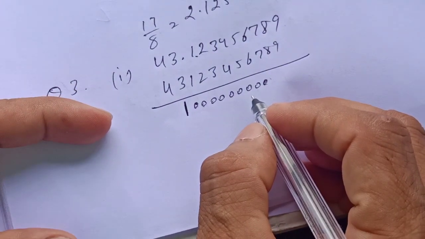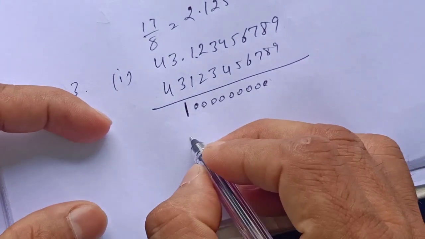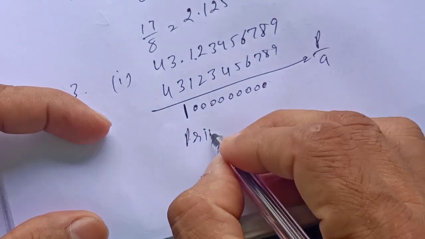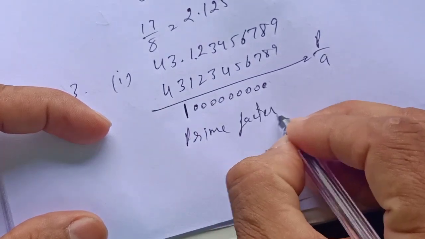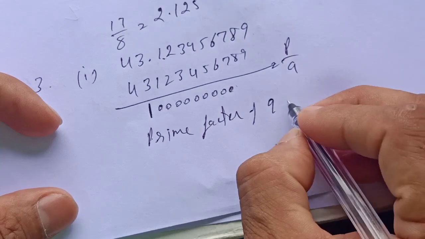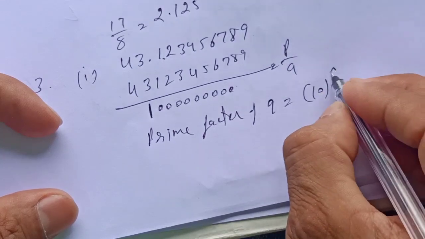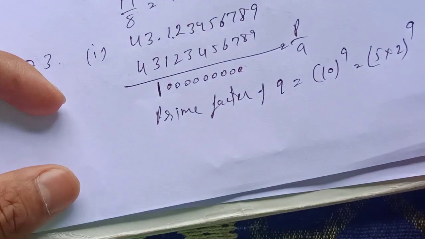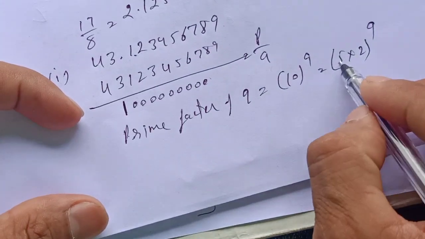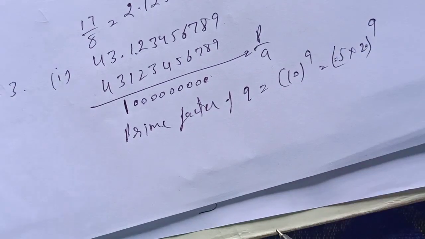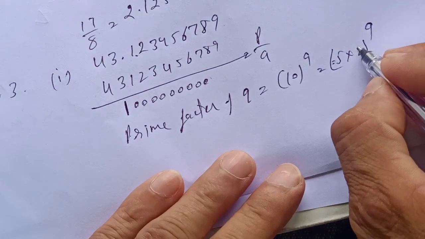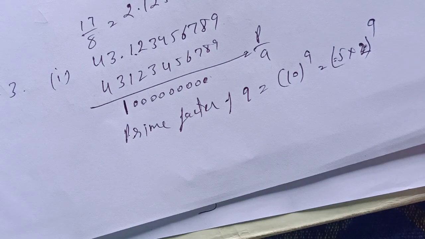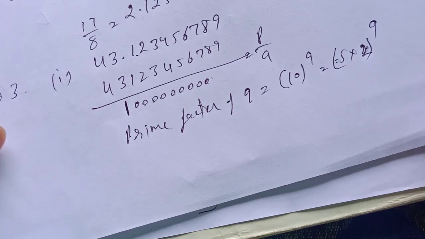We asked about the prime factors of q: 10 raised to power 9, or 5 into 2 raised to power 9. So the prime factors of q are 5 and 2, raised to power 9.